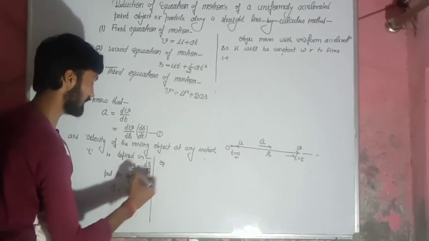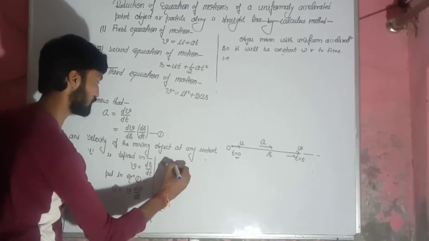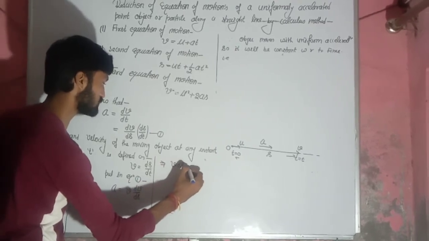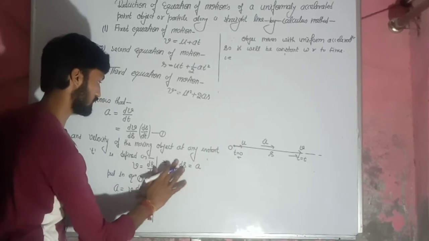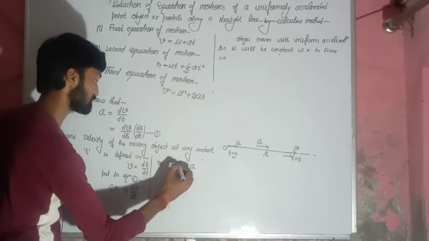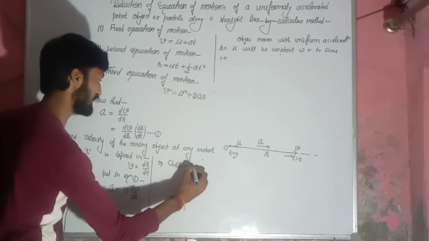This implies that we can write the equation like this: a ds equals v dv.